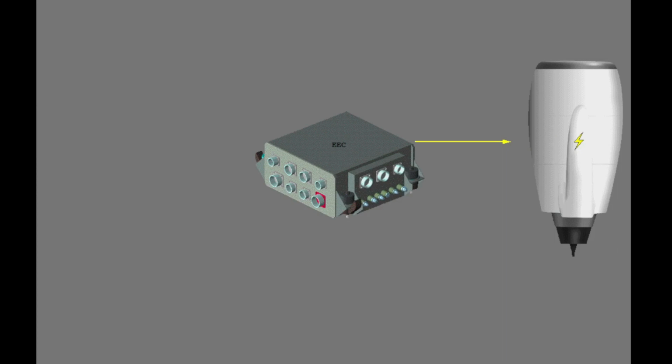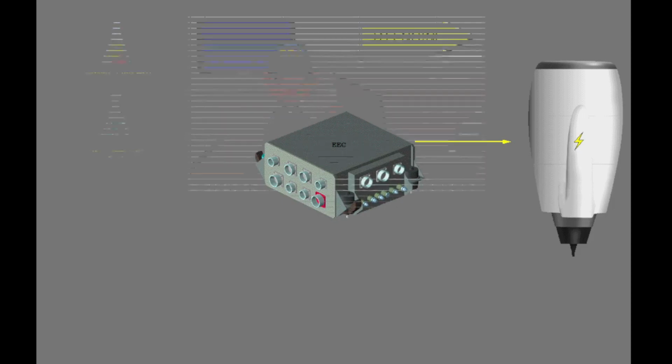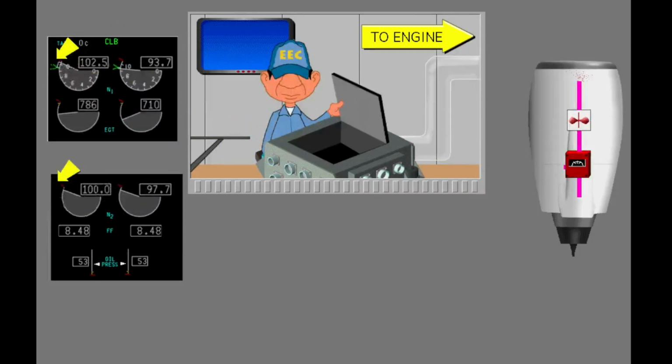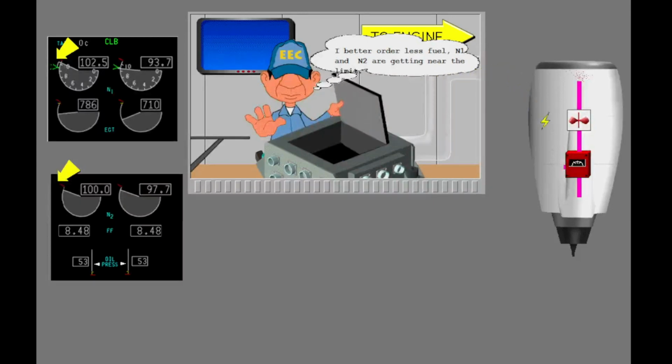Each engine is monitored and controlled by an electronic engine control, or EEC. The EEC uses thrust lever position and flight conditions to control forward thrust, reverse thrust, and idle. The EEC supplies N1 and N2 redline protection.